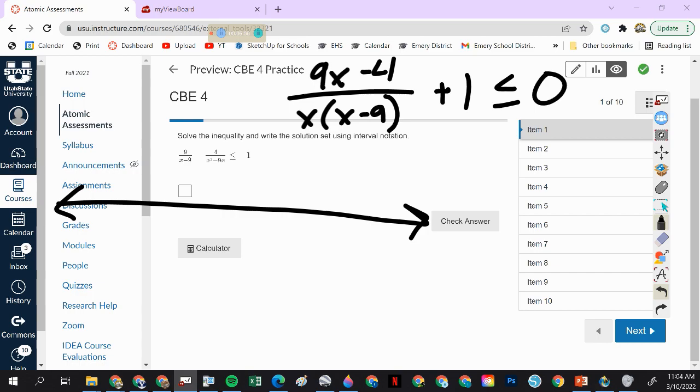Nine is one of them. What happens at 9? So at x equals 9, we have a vertical asymptote. Where else? At 0, we have a vertical asymptote.